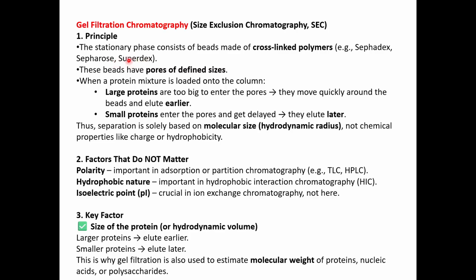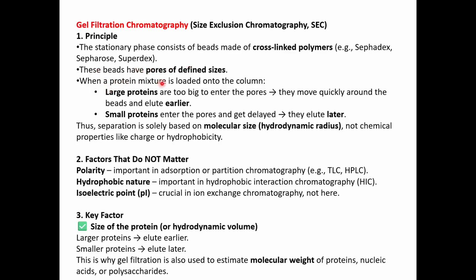These materials make beads which have a certain pore size, depending on the concentration used in specific beads. Similar to how agarose or polyacrylamide cross-links and has pores in them, this is also a concept of cross-linked polymers having defined pore sizes.